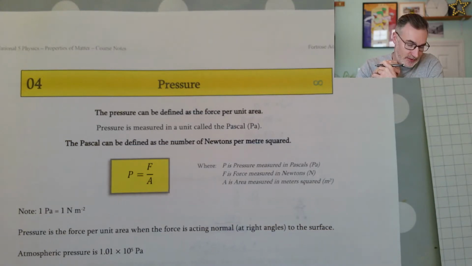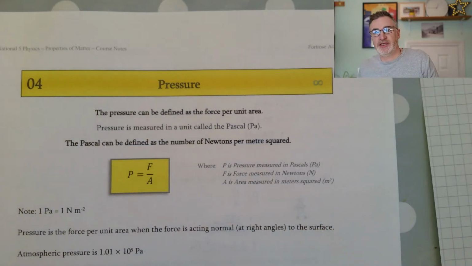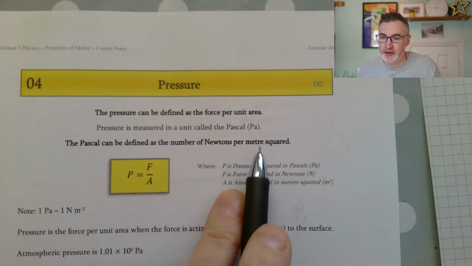Similarly, as we've defined other units and quantities, we have to differentiate between pressure, which is force per area, and the pascal, the unit of pressure, which is defined as the number of newtons per meter squared.